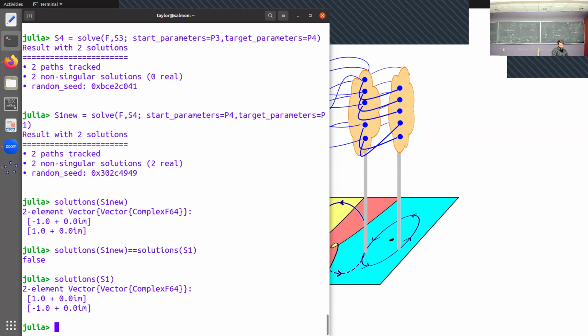But this phenomenon is now, I would say, the #1 way people solve large polynomial systems. So you can use monodromy to actually solve systems. And that's going to be the topic of, I think, the next 2 weeks.